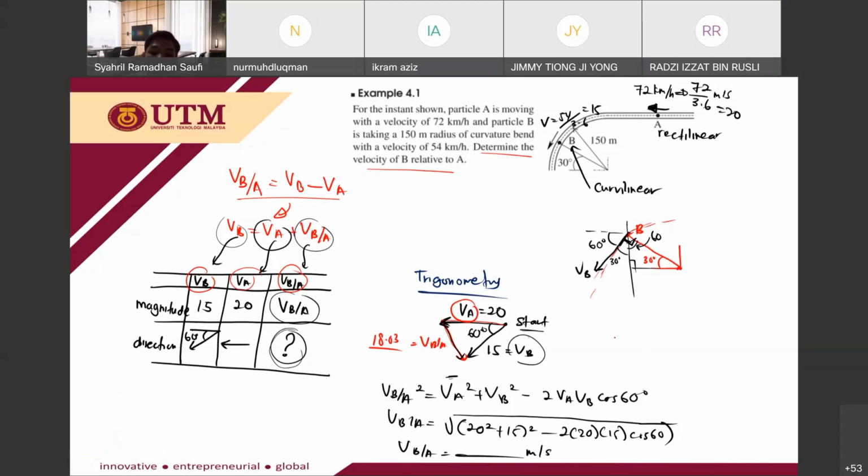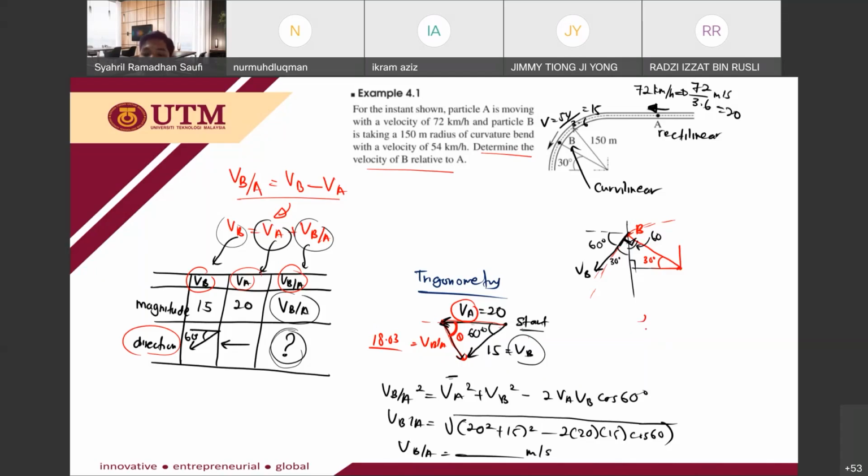Okay, then you can use sine rule to determine the angle from the horizontal axis. Usually for the direction, we will use the angle by referring to the horizontal axis. So here is your horizontal axis, and this should be your angle.